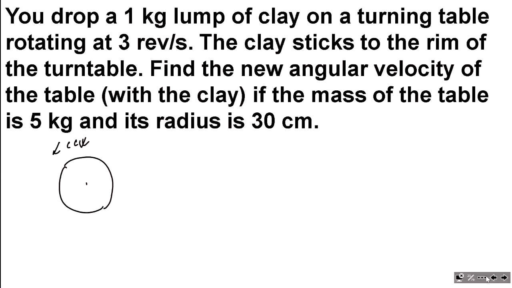And of course, we can calculate the angular momentum, which is equal to the product of rotational inertia and initial angular velocity. And if that's a disk, yes? Yes. 1/2 mass radius squared times omega initial.